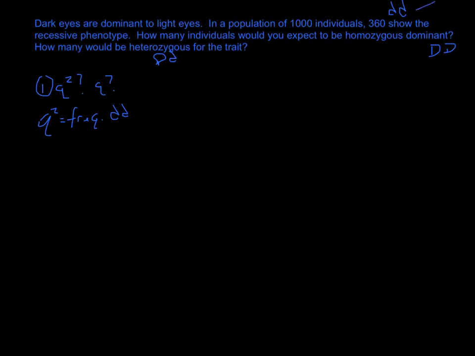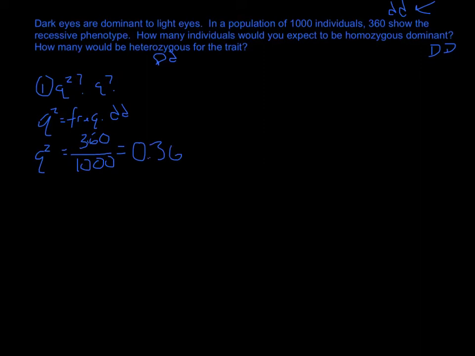And they've told us this, right? So q squared for this problem equals 360. And since it's a frequency, we do 360 out of 1,000. So that's going to give us 0.36 for our q squared value.